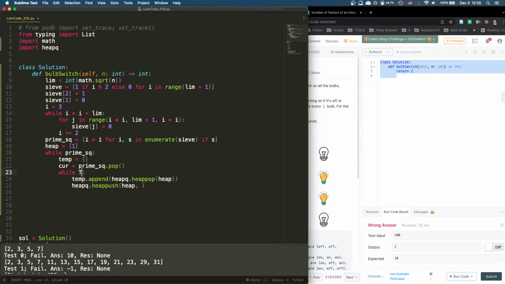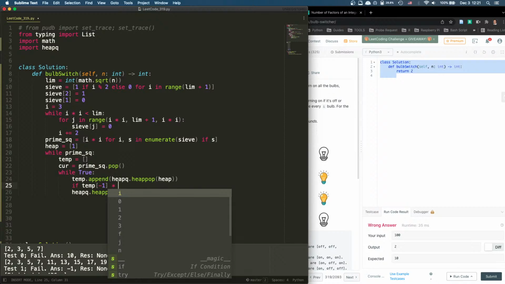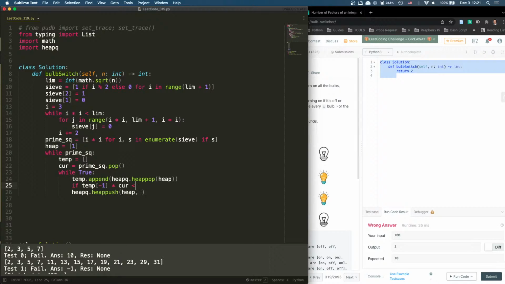So while current true, right? So temp, we're gonna pop the smallest, and we say if the current smallest one multiplied by current is smaller or equal to your limit, right? If it's smaller or equal to your limit, then we push this one in.